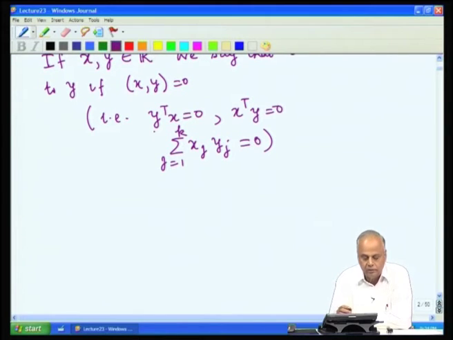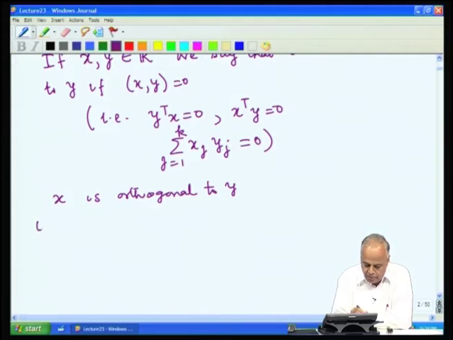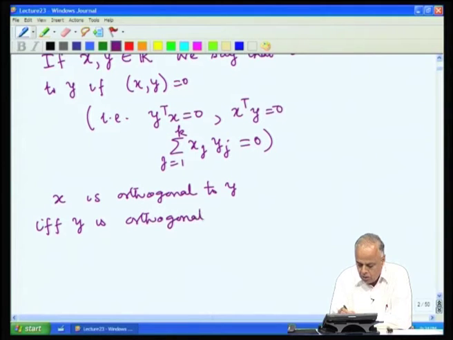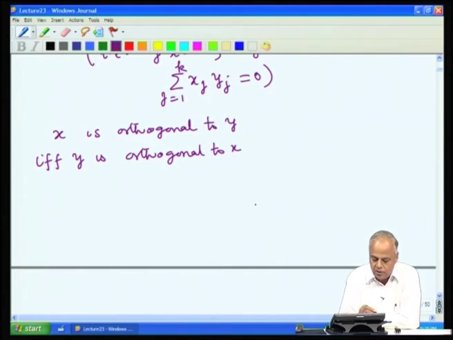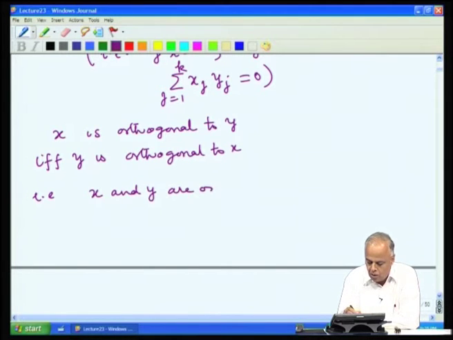From the definition, the symmetry tells us that x is orthogonal to y if and only if y is orthogonal to x. So, from now on, instead of saying x is orthogonal to y and y is orthogonal to x, we will just say x and y are orthogonal to each other.